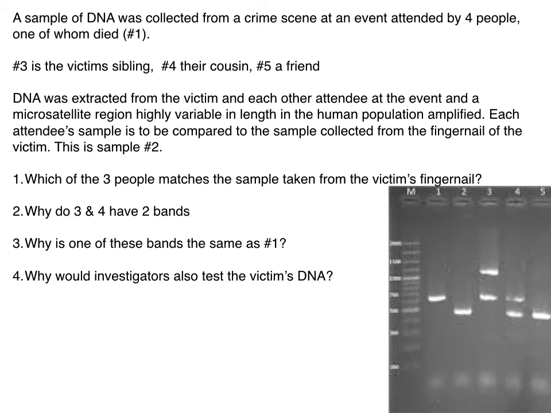You'll notice that the ladder has 2 really bright bands. The first one should be approximately 500 nucleotides, and the second one, 1,000 nucleotides, okay? So what you're able to do with this ladder is compare all the bands that you got in samples 1 through 5 and get a rough estimate of their size. It's not perfect, but it's a rough estimate. So what is in the ladder sample that we loaded into well M is just a bunch of chunks of DNA that we know precisely their size.